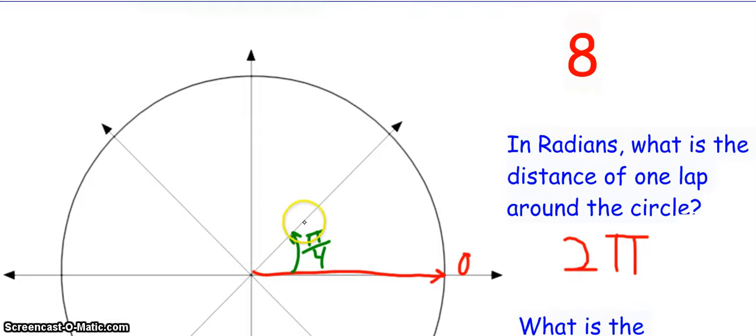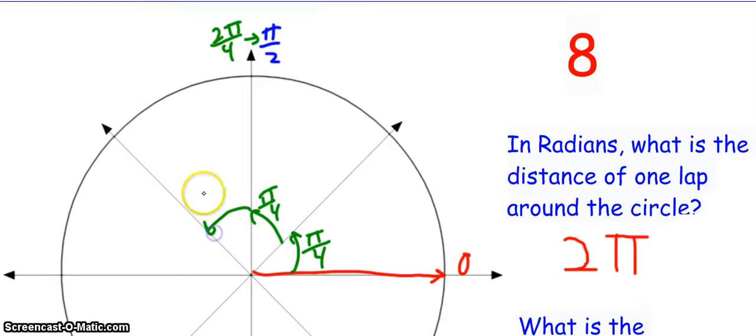If this is 1 pi over 4, and this is another pi over 4, that means that this is 2 pi over 4, but that reduces, so this is actually pi over 2. And if this is another pi over 4, then that's 1, 2, 3 pi over 4.